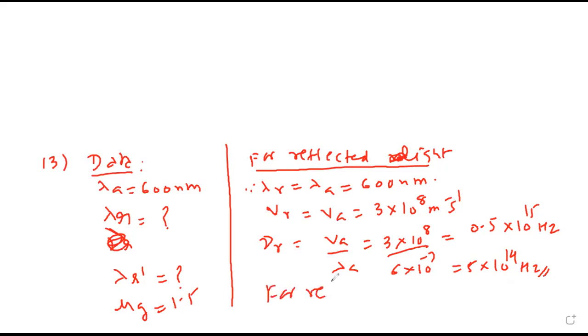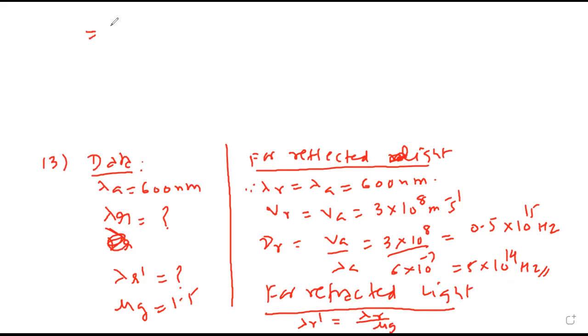Now for refracted light, lambda R dash is lambda reflected upon mu of glass. So this is nothing but 600 upon 1.5, 400 nanometer.